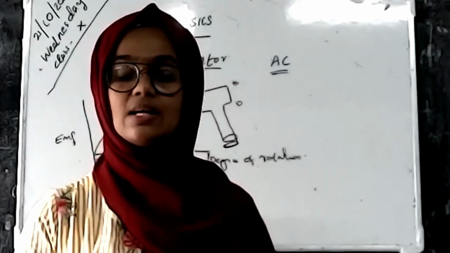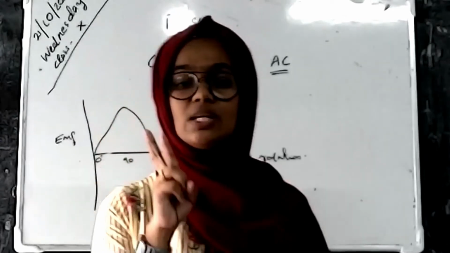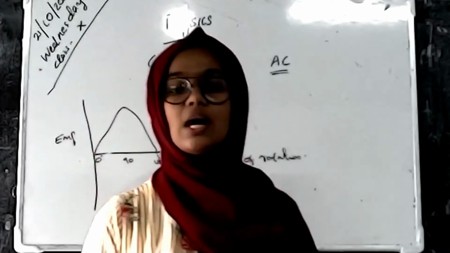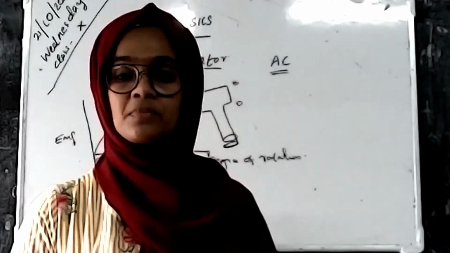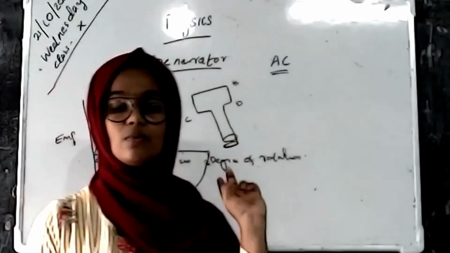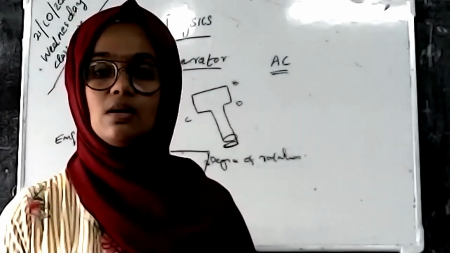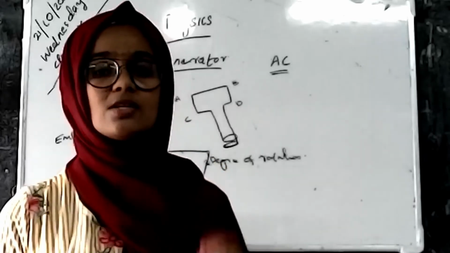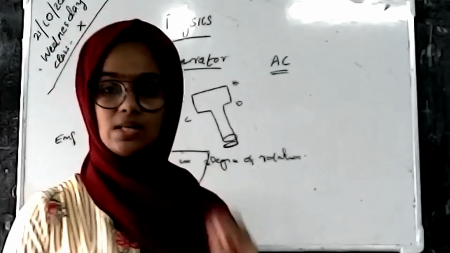In one AC cycle, electricity is produced 2 times, in opposite directions. So this is the working of a generator.